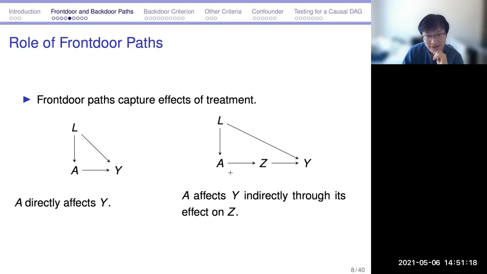Okay, so another example where a front door path captures the effect of treatment is here. So we have A to Z to Y. You can think, oh, the treatment A affects the outcome Y indirectly through its effect on Z. Right? A causally affects Z and Z causally affects Y. So indirectly, A causally affects Y.